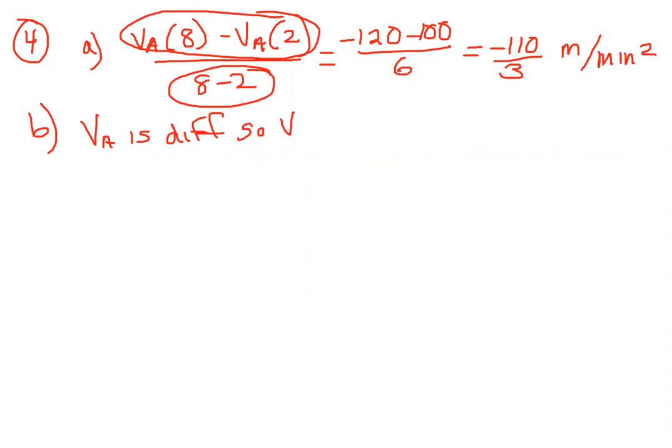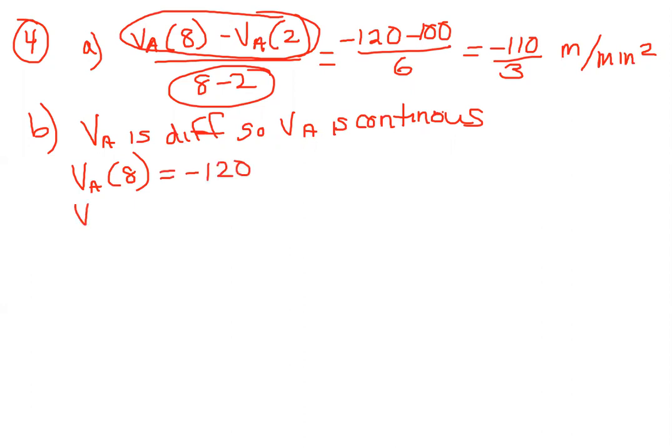So v_A is continuous, because you need it to be continuous, differentiable and continuous, in order to use the intermediate value theorem. So since they're looking for between 5 and 8, v_A of 8 equals -120, and v_A of 5 equals 40.